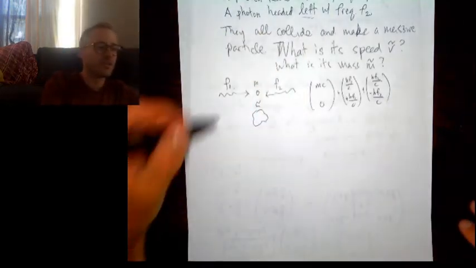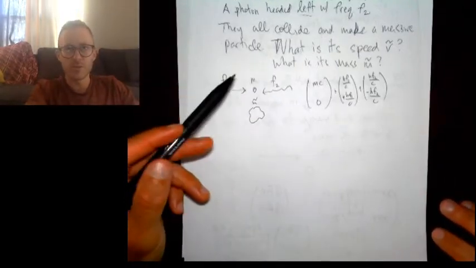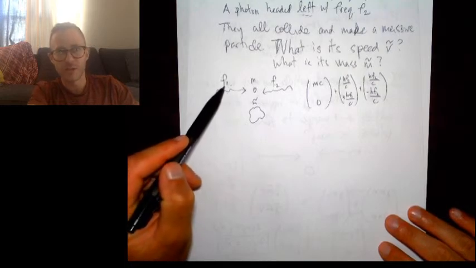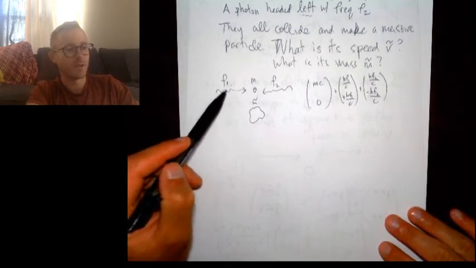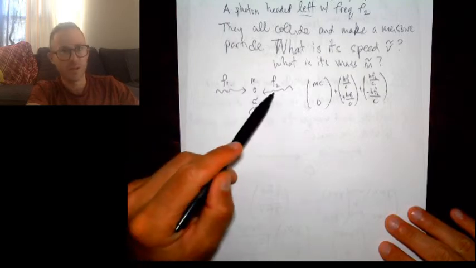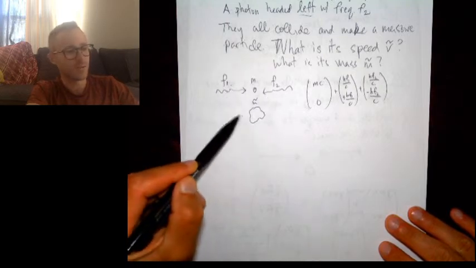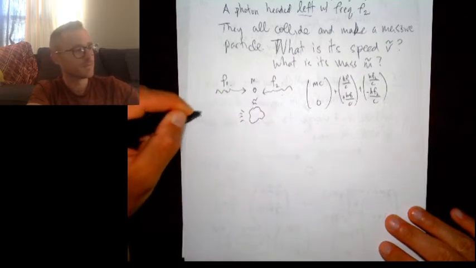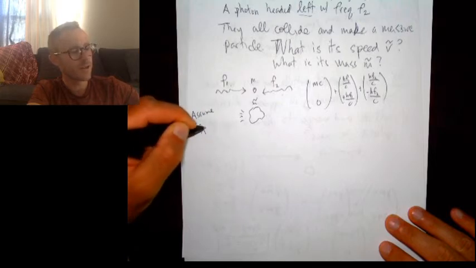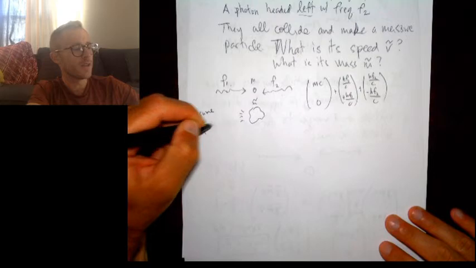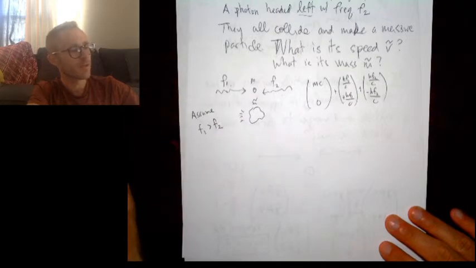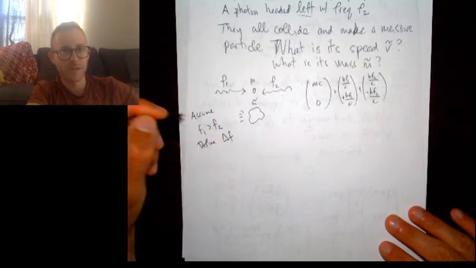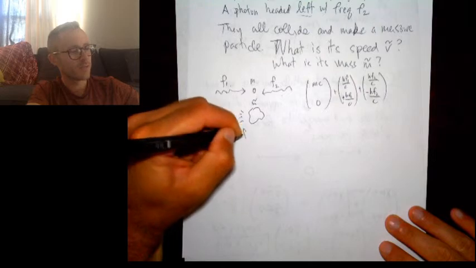Depending on which frequency is greater, the result is either going to the left or the right, because if this one has a greater frequency, then this photon has more momentum than that photon, and so the net result will be something that travels to the right. So let's just assume f1 is greater than f2, and let's define delta f as f1 minus f2.